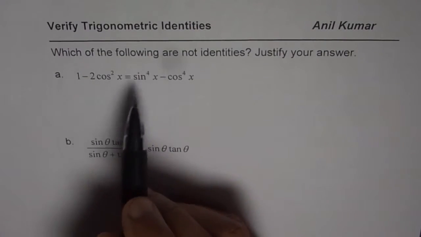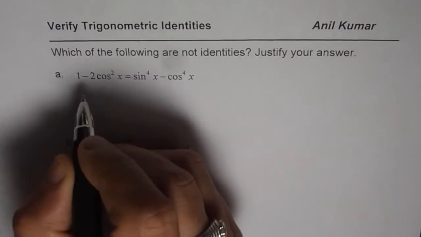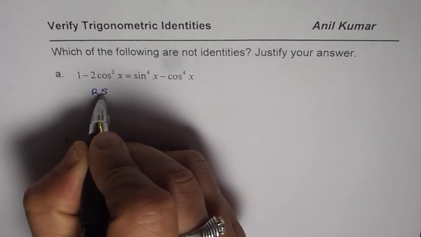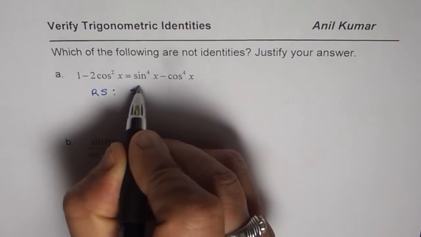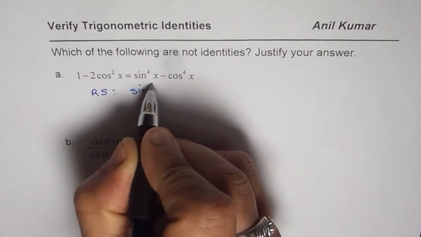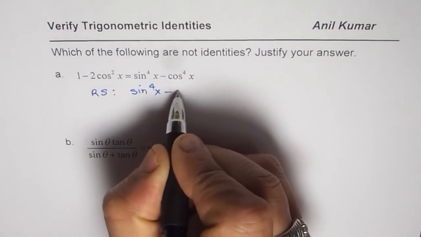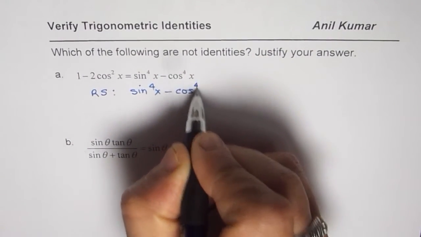The first one here, let's begin with the right side. It looks like an identity, so we're trying to prove it. Now the right side is sine to the power of 4x minus cos to the power of 4x.